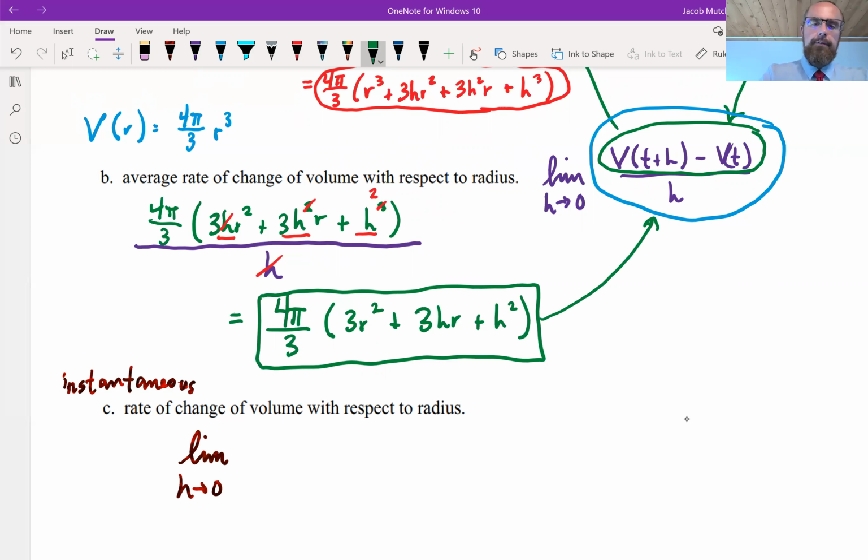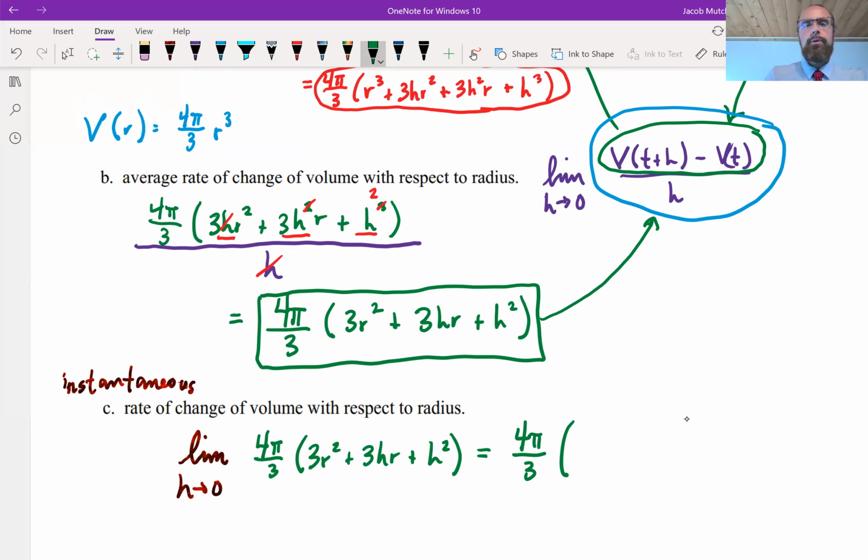So that is going to be for us 4 pi over 3 times, in parentheses, 3r squared plus 3hr plus h squared. And since it's all simplified at this time, all I need to do is direct substitution. So I'm going to drop that limit notation. We've got 4 pi over 3.